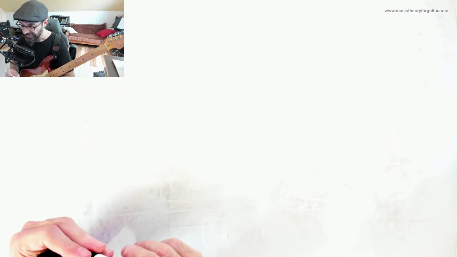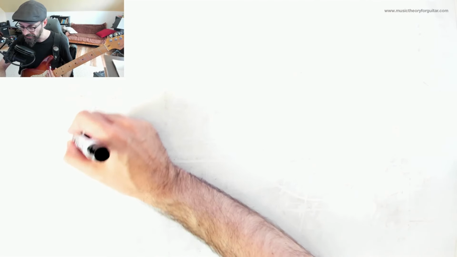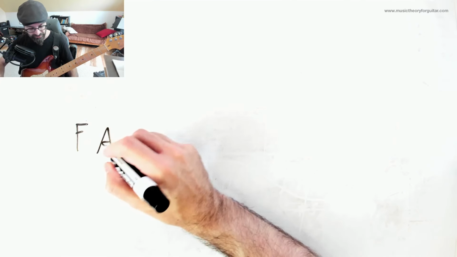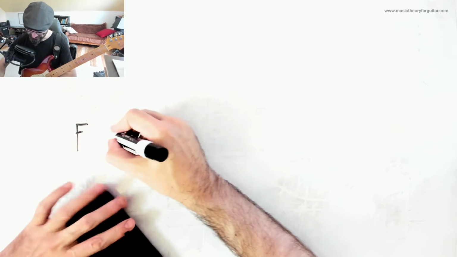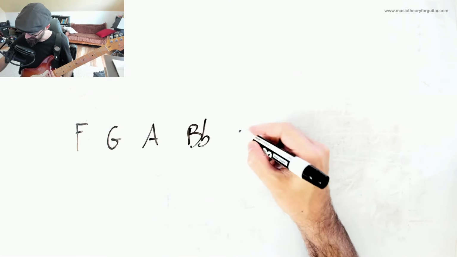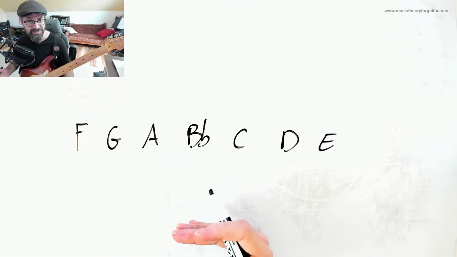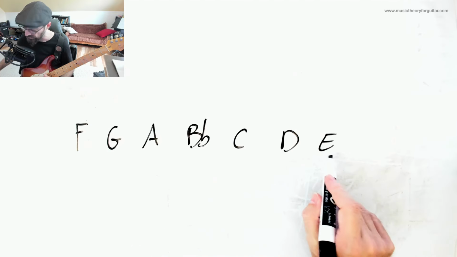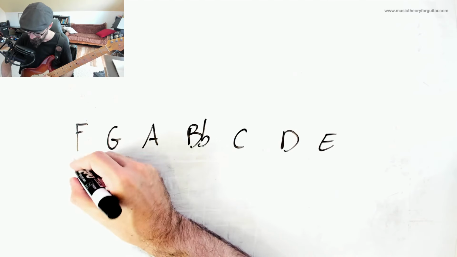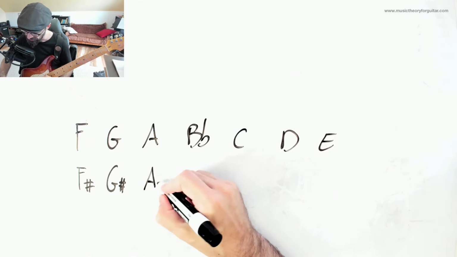How do we spell the F sharp key? Well, it's easier to start from the key of F. The key of F, as pretty much everybody knows, is made by the notes F, G, A, B flat, C, D, E. If I want the key of F sharp, the only thing I need to do is add a sharp to each one of those notes. It's very easy. So I have F sharp, G sharp, A sharp.